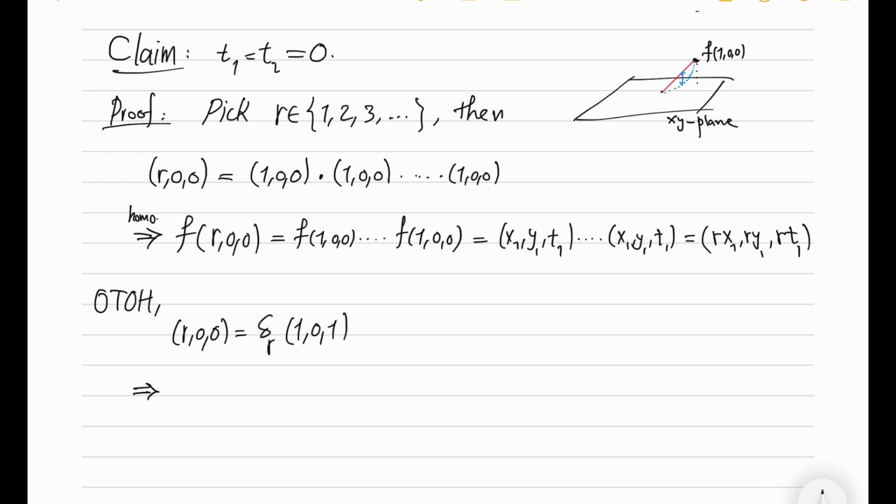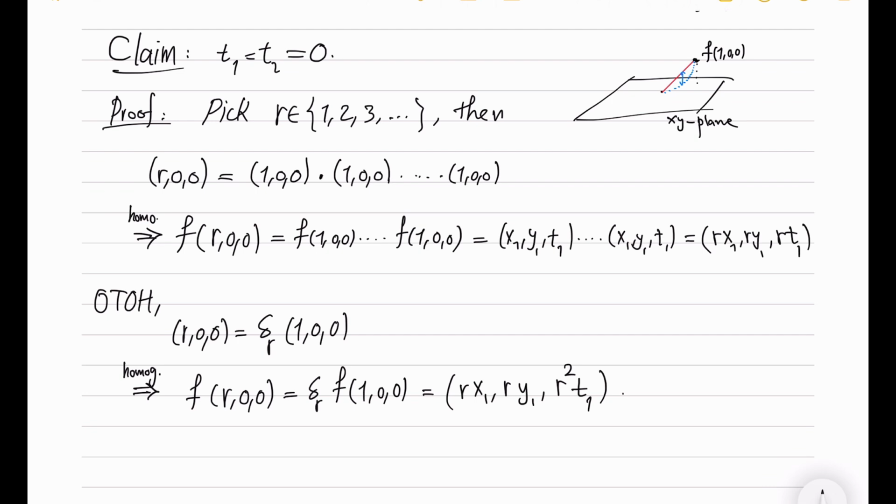So, by being homogeneous, we see that f of (r, 0, 0) should be the group dilation of f of (1, 0, 0). So, typo here, sorry. And that would be, by definition of dilation, (r x1, r y1, and r squared t1).